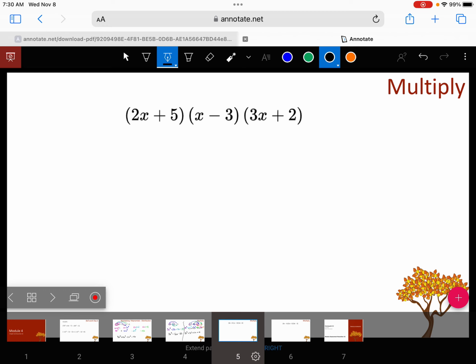What we're going to do is break them up into pairs. So instead of trying to multiply all the things times all the things, I'm going to pretend you don't exist, multiply those 2 together, and then multiply this one in. So we're going to do a distribution twice. We're going to start with multiplying these 2 binomials together.